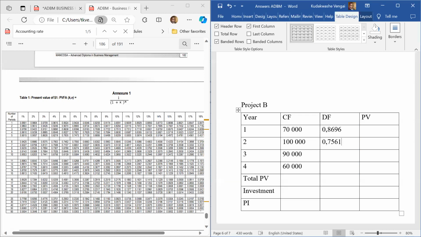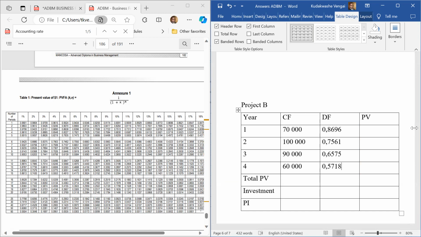You can correct me if I've made any mistakes. Year number 3, 0.6575. And then year number 4, 0.5718. Hope this is correct. All right, it's fine.